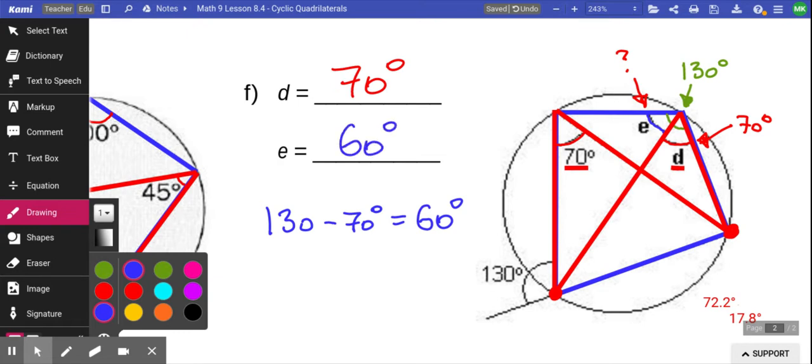I apologize, I think I said 180 there when I meant 130. Awesome. So looking at that question, we used our interior-exterior rule to get 130 degrees, the green one. We then used our inscribed angle rule to get 70 degrees for D. And then we used our 130 minus 70 to figure out the missing part of E.